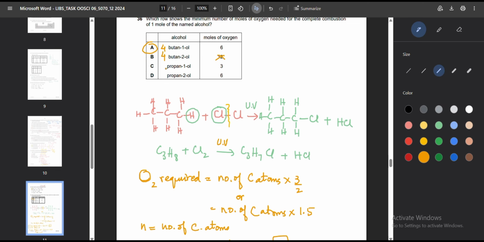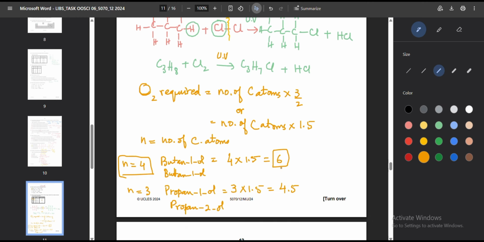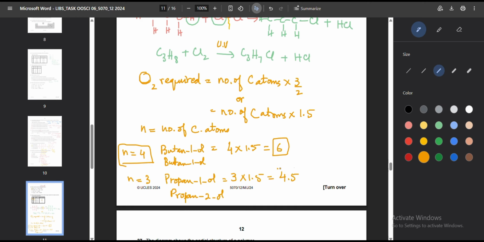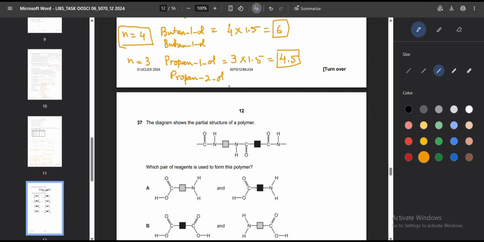And for propanol, the correct number of moles of oxygen needed is 4.5. So 3 and 6 are wrong. So that means our option A is the correct option.